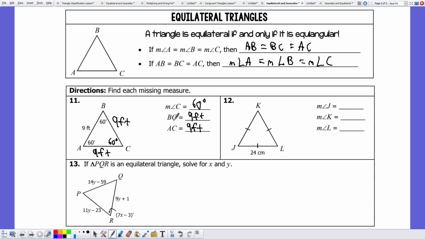Now, problem 12 is just asking us what are all the angles equal to. Again, even if we didn't know that it was 60, we know that it's equiangular. All the angles have the same measure.